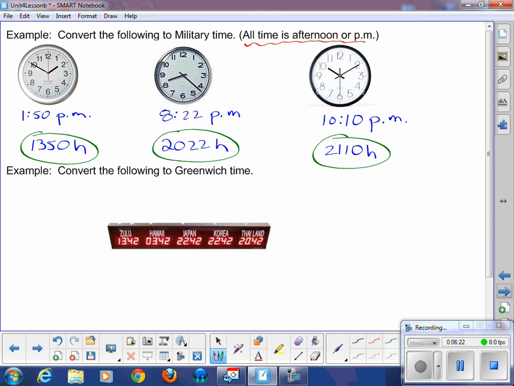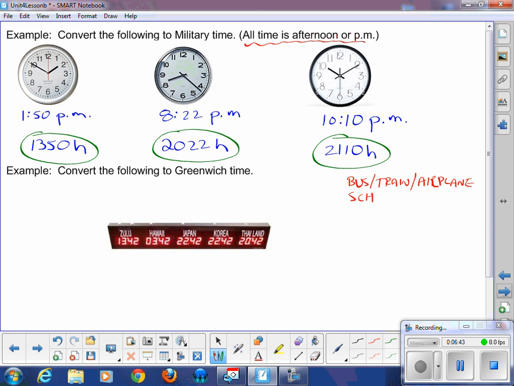Why do we need to do military time? We are looking at a unit on travel, and pretty much all bus, train, and airplane schedules run on military time. And that's to avoid that confusion of AM or PM.